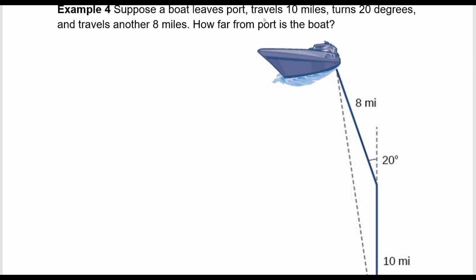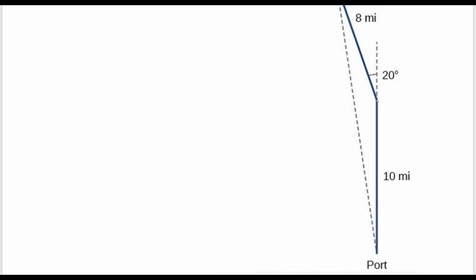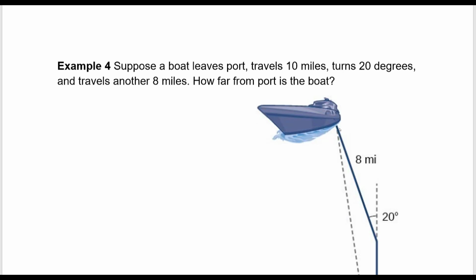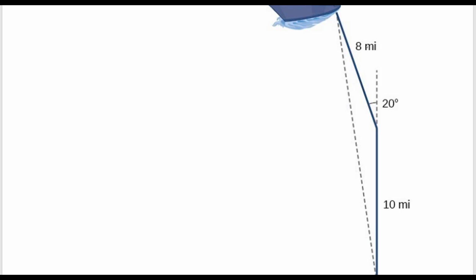Suppose a boat leaves port, travels 10 miles, turns 20 degrees. So here's the diagram. It leaves port, travels 10 miles, turns 20 degrees, then travels 8 more miles. How far from port is the boat? So here we have a side angle side. We want to know the unknown side.